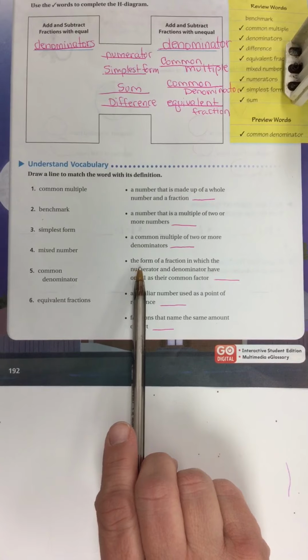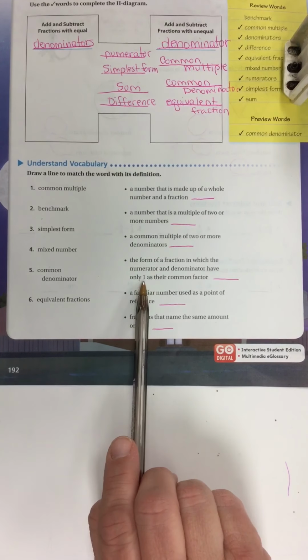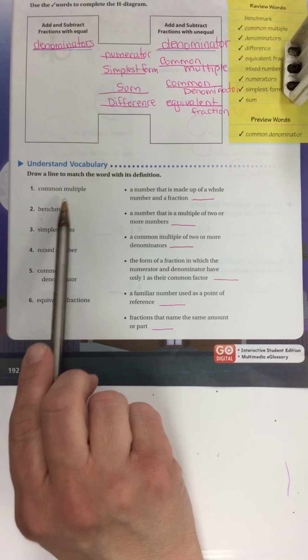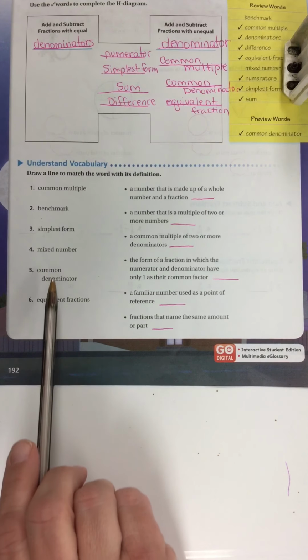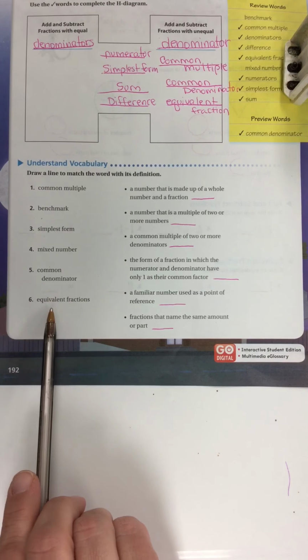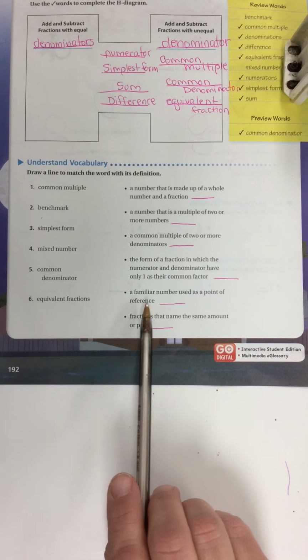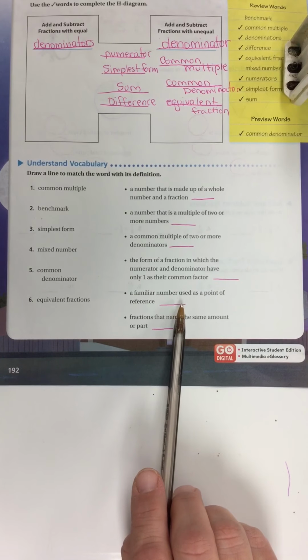The next one says the form of a fraction in which the numerator and denominator have only 1 as their common factor. Is that a common multiple, benchmark, simplest form, mixed number, common denominator, or equivalent fraction? Okay, a familiar number used as a point of reference.